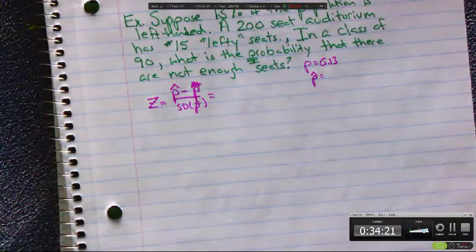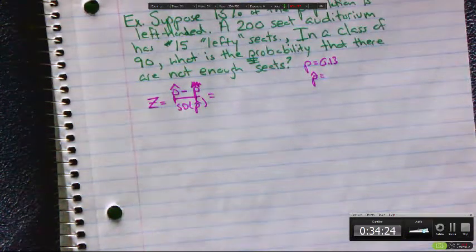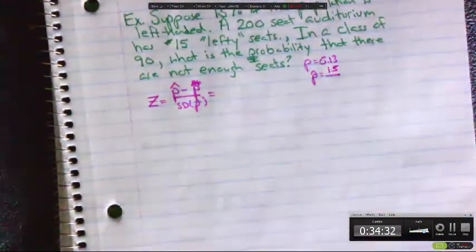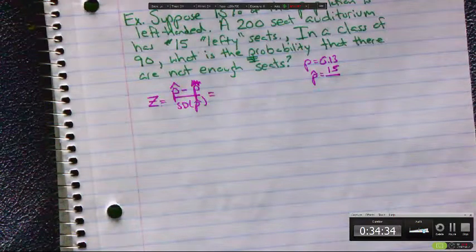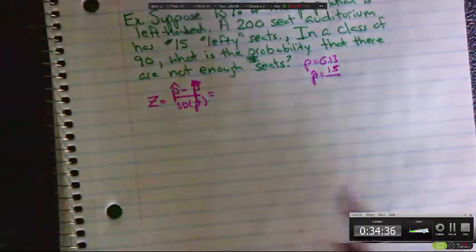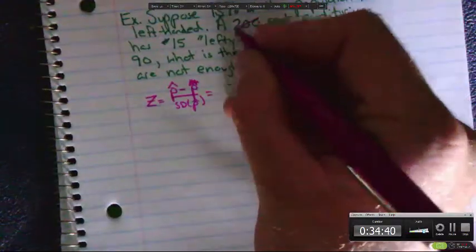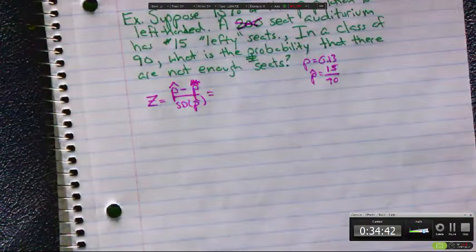At most, 15 students can be left-handed, out of 90, not 200. That 200 is irrelevant, because if there's a 90-seat auditorium, 110 of them will just sit empty.